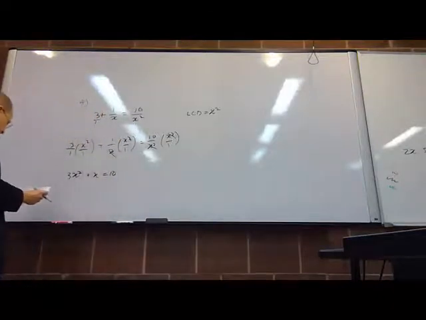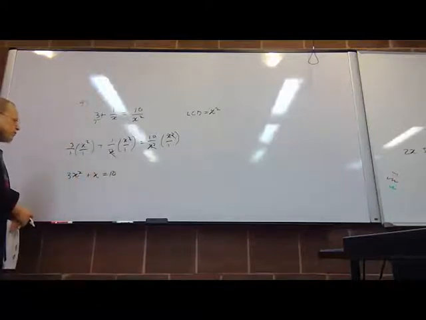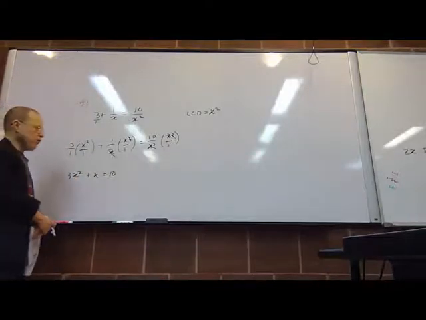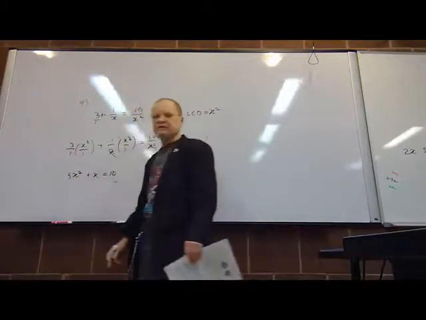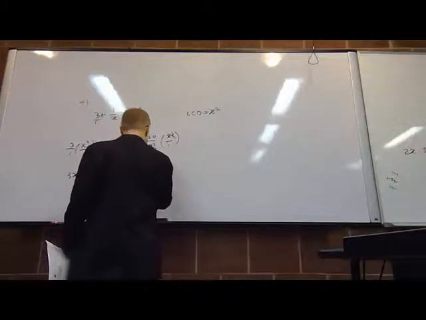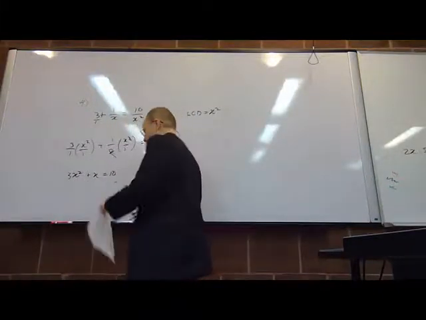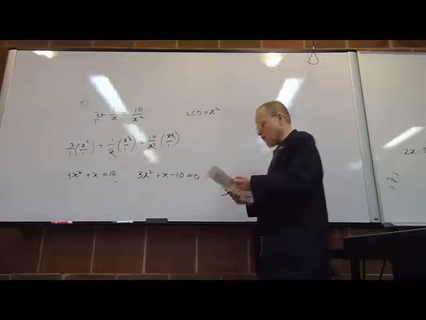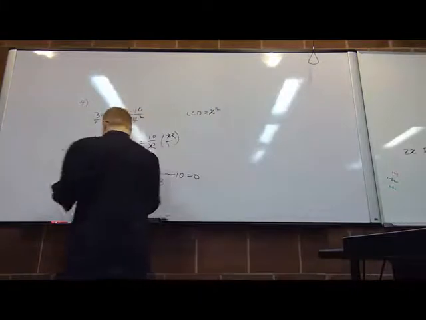So we end up with something that looks like this. Now, of course, in order to solve this, as we learned earlier with quadratic equations, we have to put this into standard form. So I have to move that 10 over and set it equal to 0. And then, of course, I could factor.